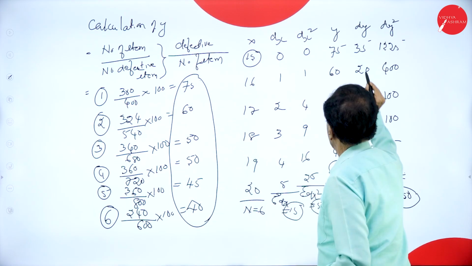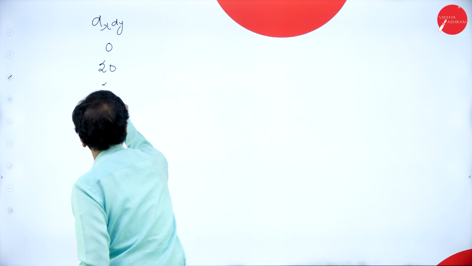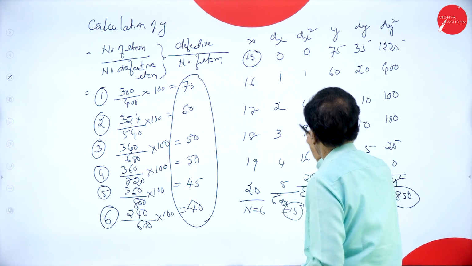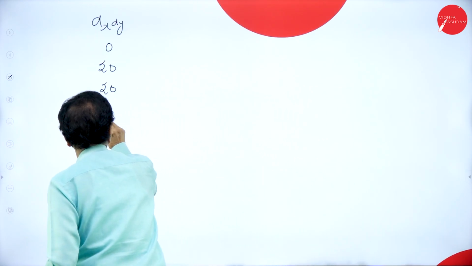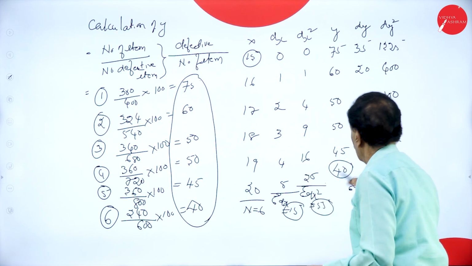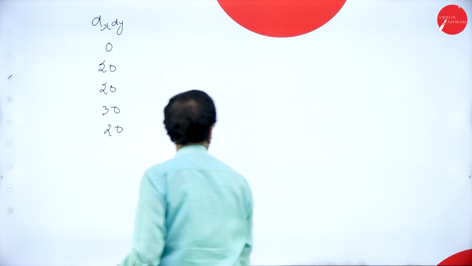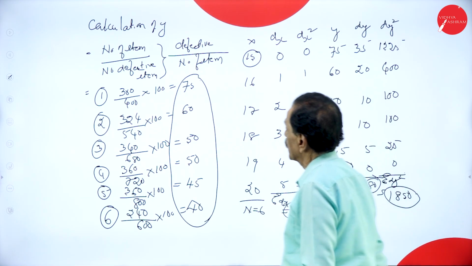Then 2 into 10 is 20. 3 into 10 is 30. Then 4 into 5 is 20. Then 5 into 0 is 0.